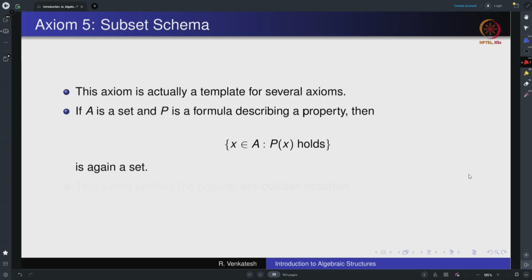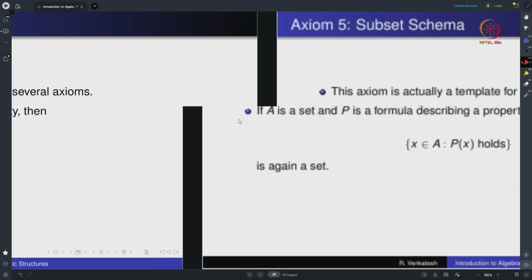But this subset schema guarantees that if A is a set and P is a formula that describes a property, then you collect those elements x in A satisfying that property, and that should again be a set.